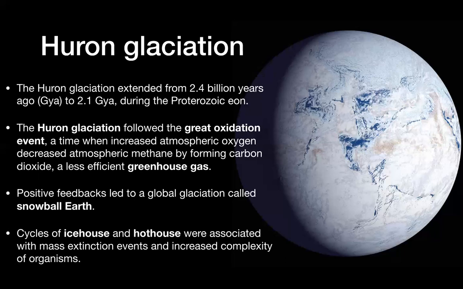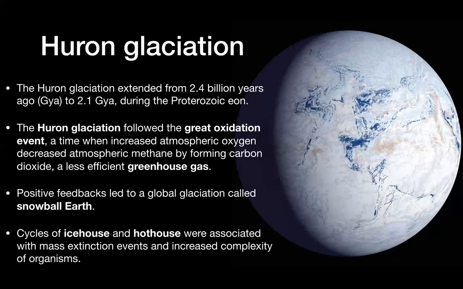By contrast, the end of each snowball Earth episode produced some of the most rapid and extreme changes in Earth's history. With almost all surface rocks insulated by ice, carbon dioxide from volcanoes built up to extremely high levels in the atmosphere.